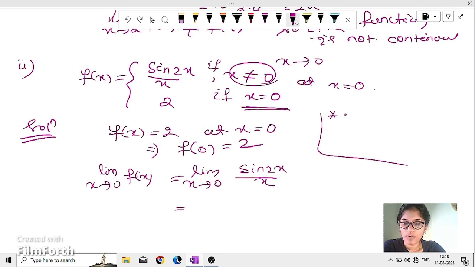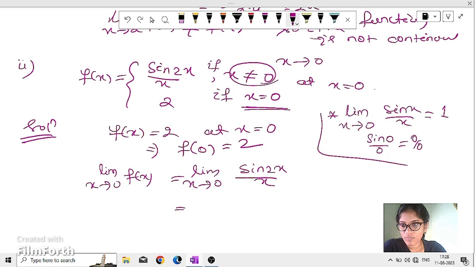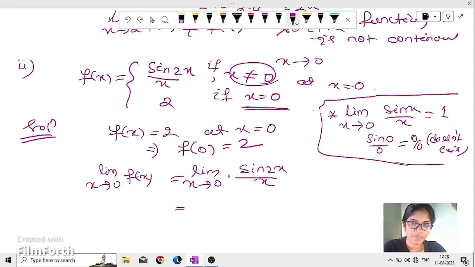There is a formula: limit x tends to 0 sin x by x is equal to 1. Because when we put 0 in place of x, this becomes sin 0 by 0, which is 0 by 0, not defined. By L'Hospital's rule, the value is calculated to be 1.